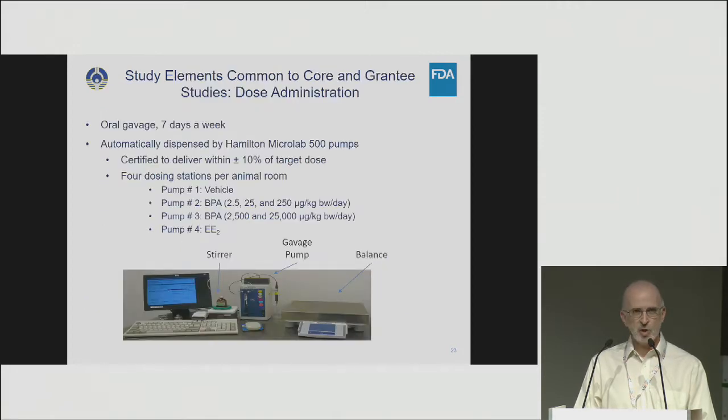We used the automated gavage system, which is, I think, not in common use everywhere: the animal is taken out, weighed, the scale is connected to the computer, which calculates the dose, and then the dosing pump automatically administers that dose. And we use multiple pumps to try to keep from cross-contaminating.